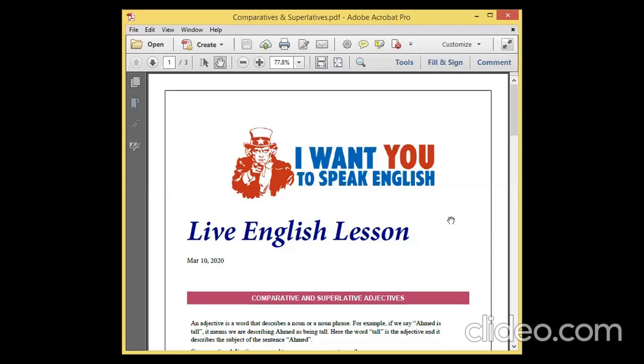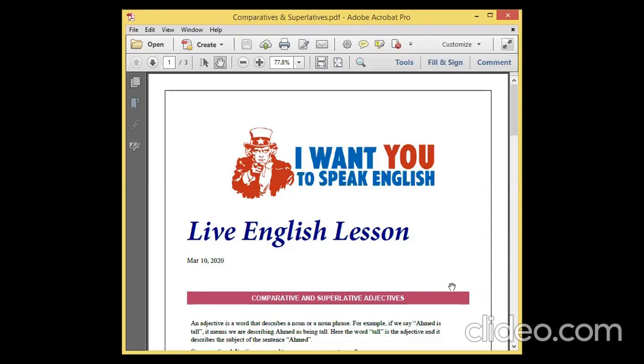Okay, so the second one is when we use the comparative and the superlative adjectives, but especially the comparative adjectives, we should put the word than after the comparative adjective. Okay? We cannot say, for example, my house is larger yours.